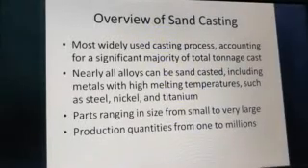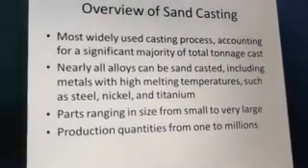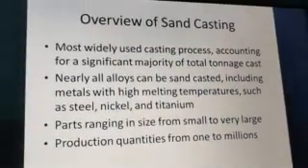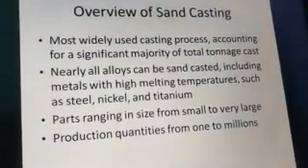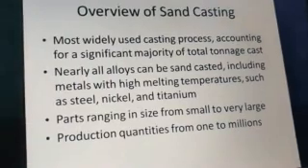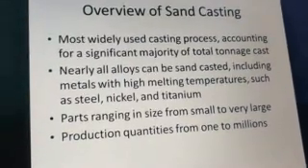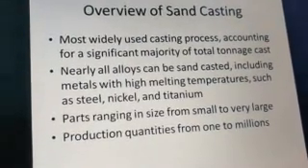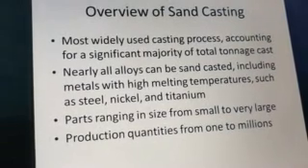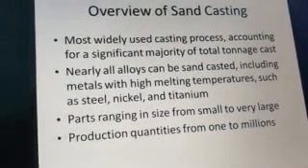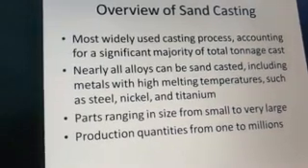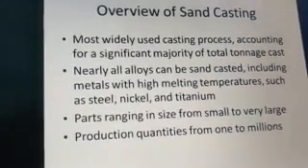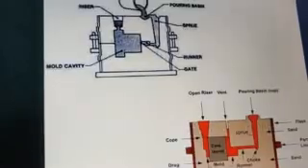If the melting point of the metal is very high, then when you pour the molten metal, that temperature will affect your mold quality and can even melt down the inner surface of your permanent mold. In such cases you will have to invest more in the die or permanent mold. To avoid that, we can always go for sand casting.